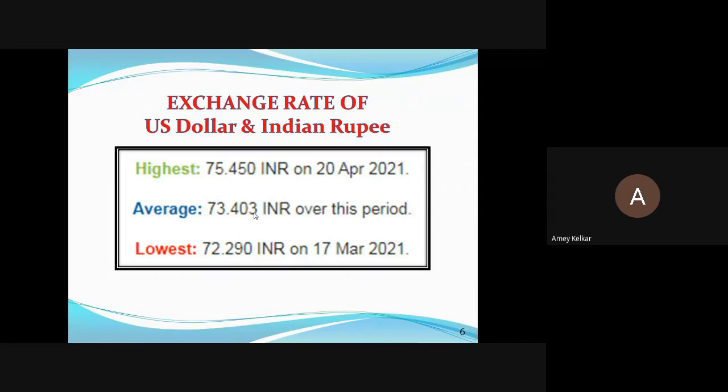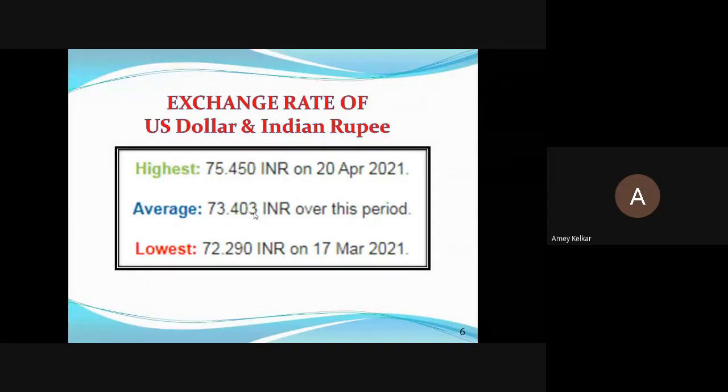Now, can anyone help me read this table on your own, like what you get from this table which is displayed? Can anyone attempt to explain this? I'll explain, not an issue. From your side, can anyone tell me what it is? Sir, $1 equals 75.45 rupees in Indian currency. On what date? On the 20th April.